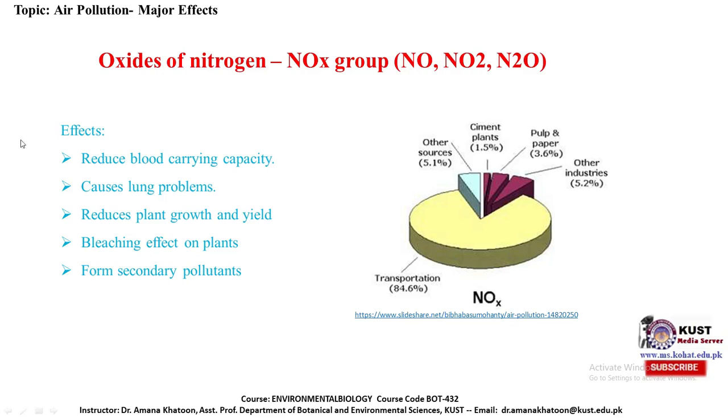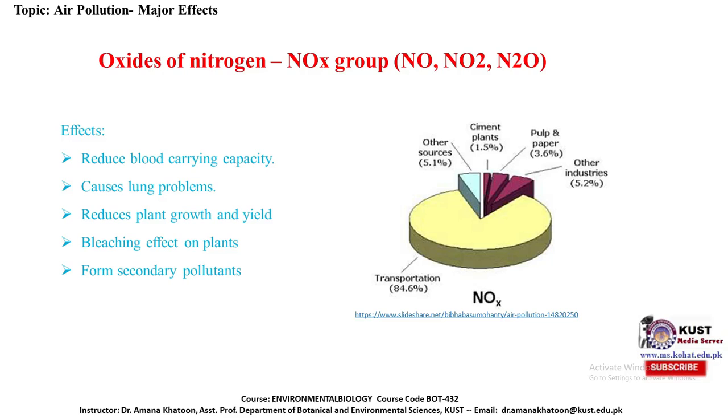As for effects on plants, nitrogen oxide reduces plant growth and yield, and it has a bleaching effect on plants. Bleaching means it decreases the chlorophyll content, and as a result the greenish color of the plant disappears and the plant appears somewhat whitish in color.